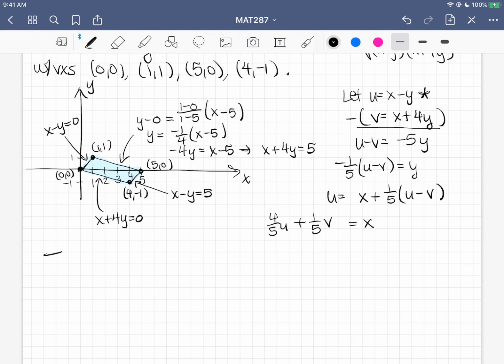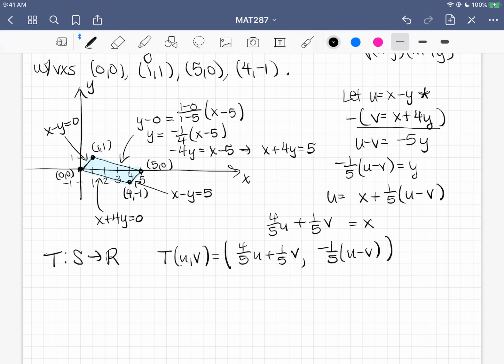Okay, so I want my T from S to R given by T of (u, v) equals x, which is 4/5 u plus 1/5 v, and y, which is negative 1/5 times the quantity u minus v, and that's my (x, y).